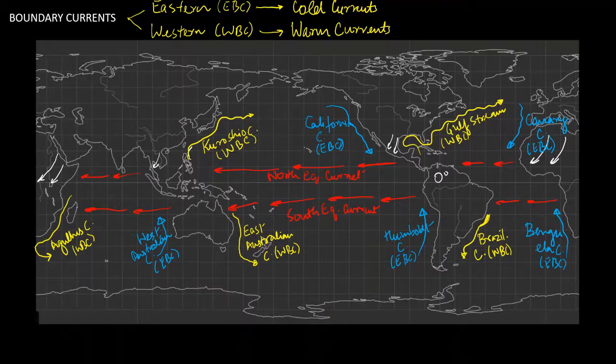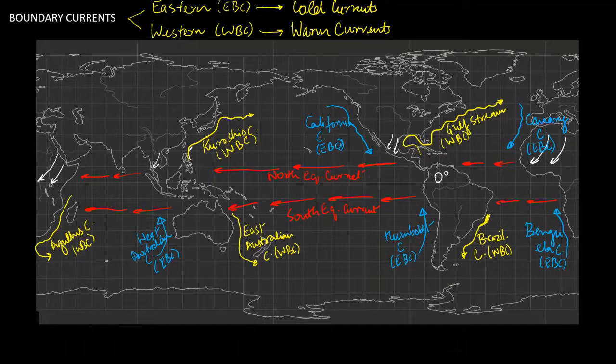Of course, there are always some exceptions, but we'll not discuss those exceptions today. Let us come to the generalized things. In all the oceans, we saw that the equatorial currents are operative. The north equatorial current in the northern hemisphere and south equatorial current in the southern hemisphere.